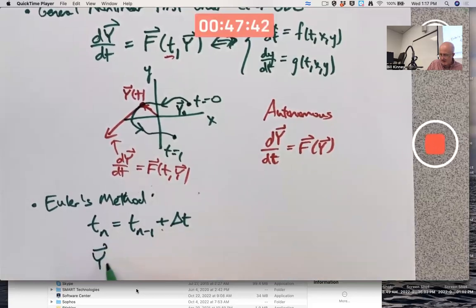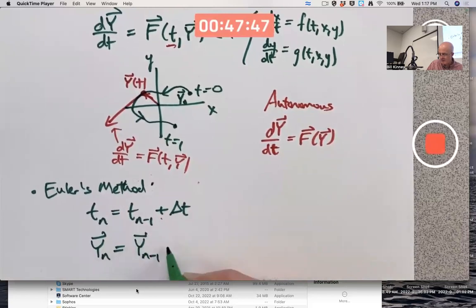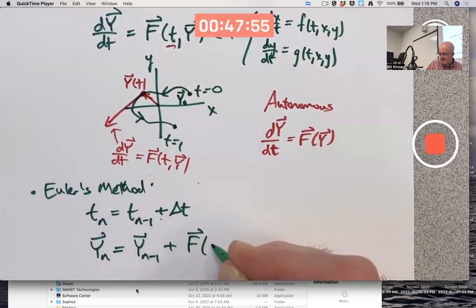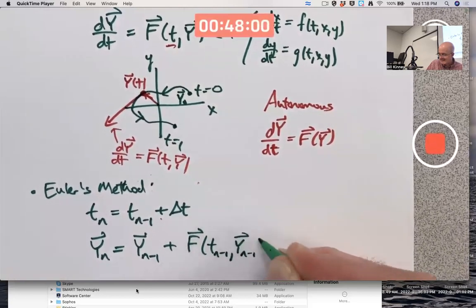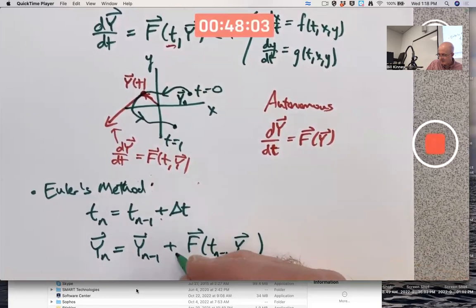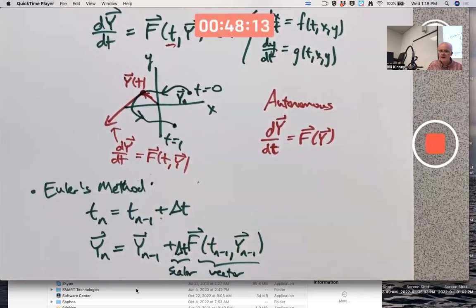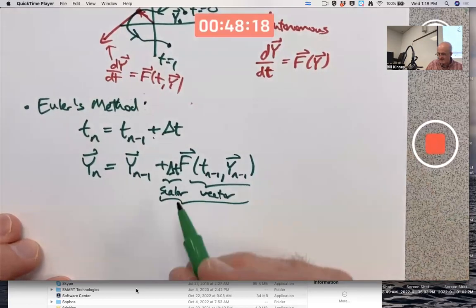And the next value of y, call it yn, is the previous value of y, yn minus 1, plus the change in y, which is approximated by taking the value of the vector field at Tn minus 1 comma Yn minus 1 and scaling it by delta t. Better to probably put the delta t in front here. That's a scalar times a vector, making the whole thing a vector. It's not a dot product.